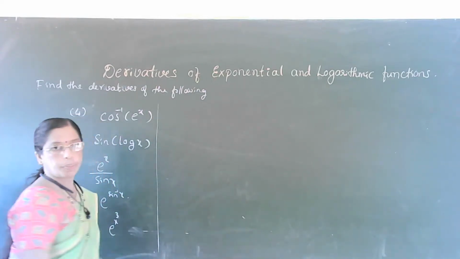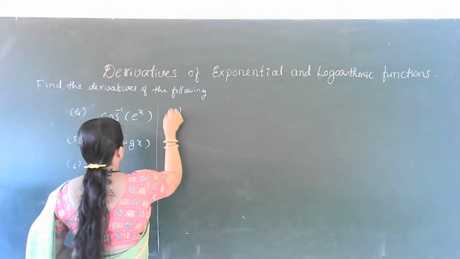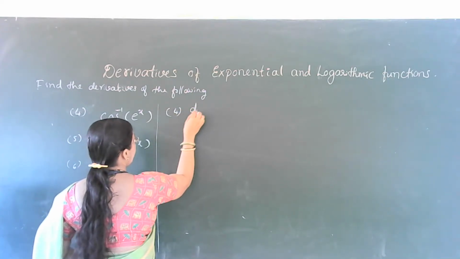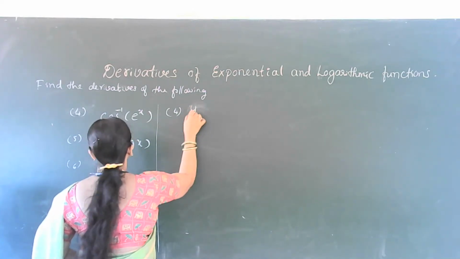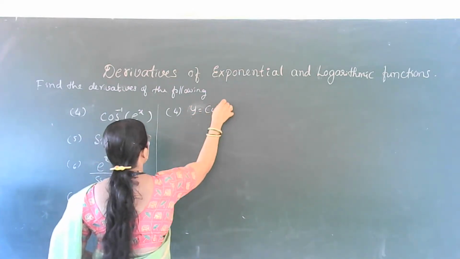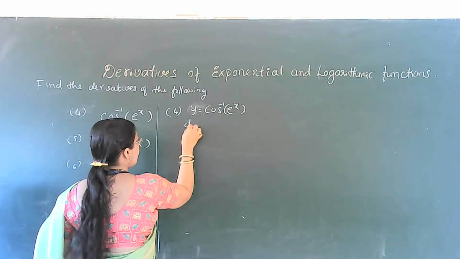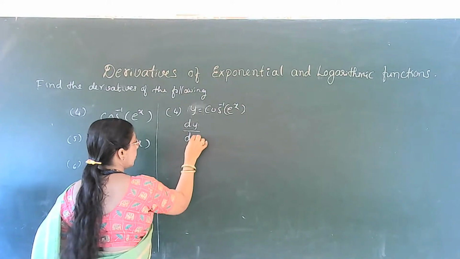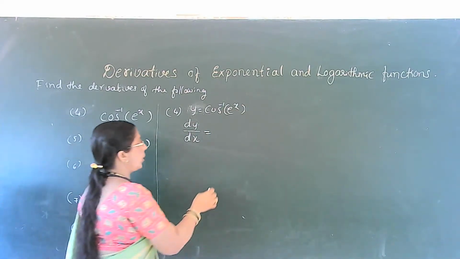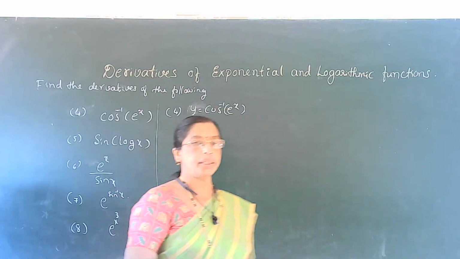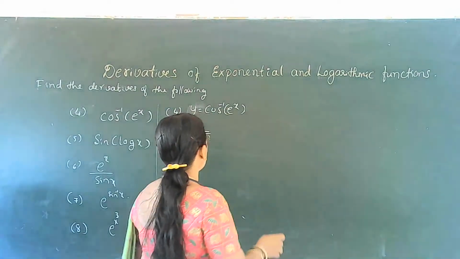Now we find the derivative of these functions one by one. First, the fourth one, dy by dx. If y is equal to cos inverse of e to the power x, then dy by dx is equal to cos inverse of e to the power x. First, we find the derivative of the inverse function cos inverse x.